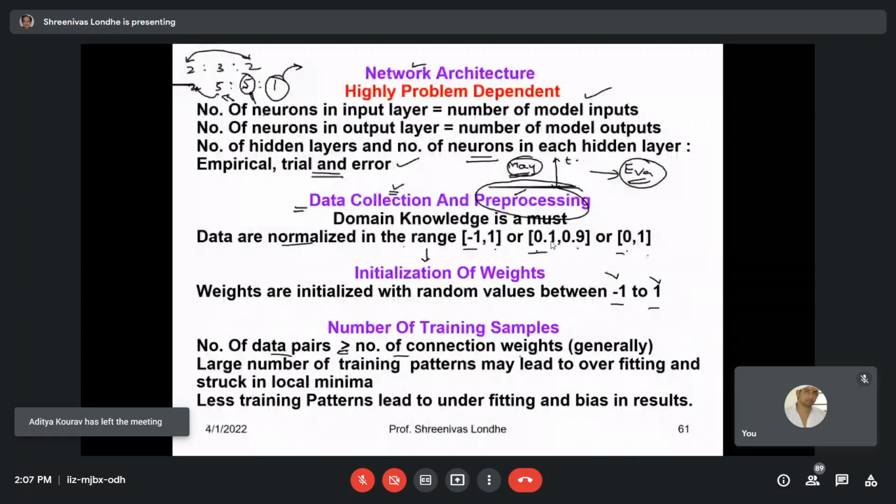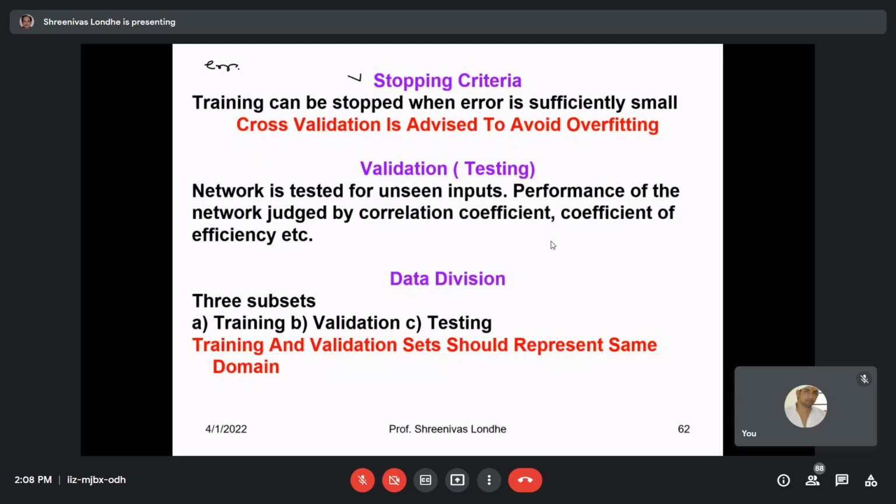Large number of training patterns may lead to overfitting sometimes and stuck in the local minima many of the times. To just reduce the problem of overfitting, cross validation also we can do. Then the stopping criteria. When you are training your neural network, when you are going to stop, whenever the error is reaching up to the minimum value, lowest value, then you should stop the training.